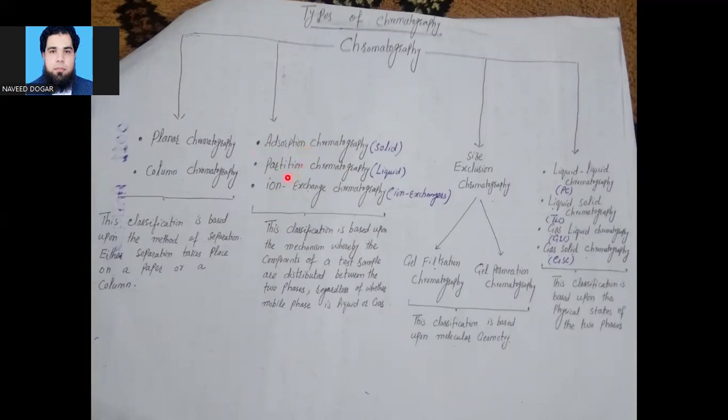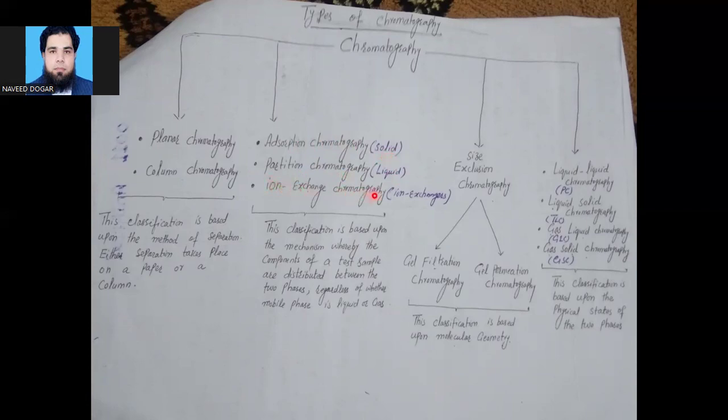And in partition chromatography, the components of the mixture distribute themselves between two phases, stationary phase as well as mobile phase. In partition chromatography, the stationary phase is liquid, while in adsorption chromatography, the stationary phase is always solid.